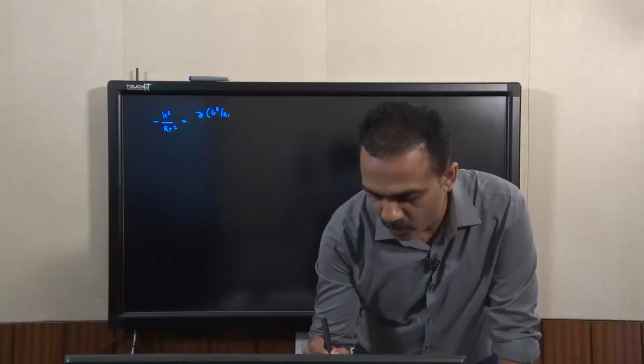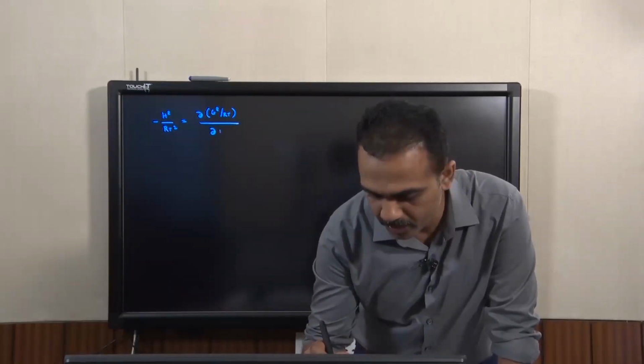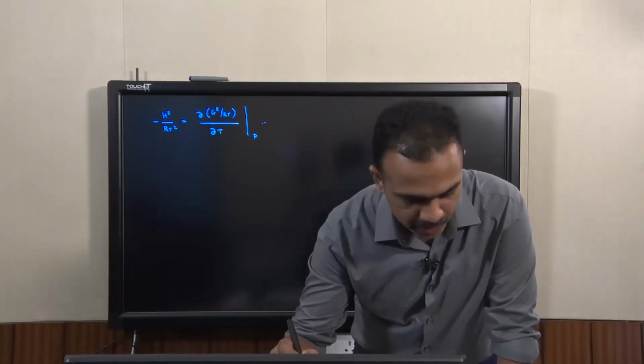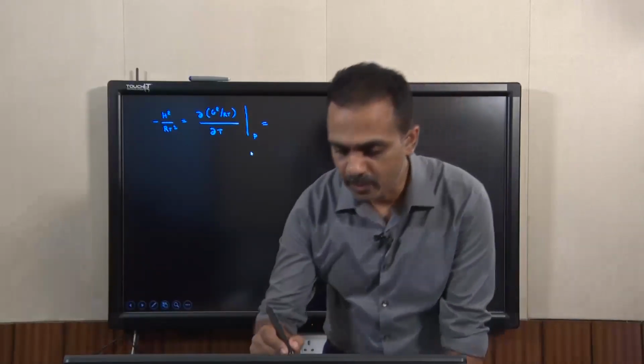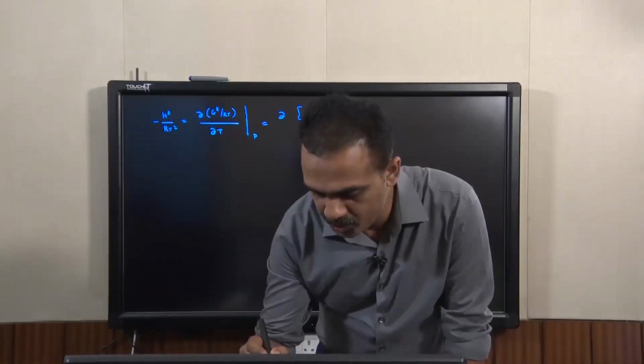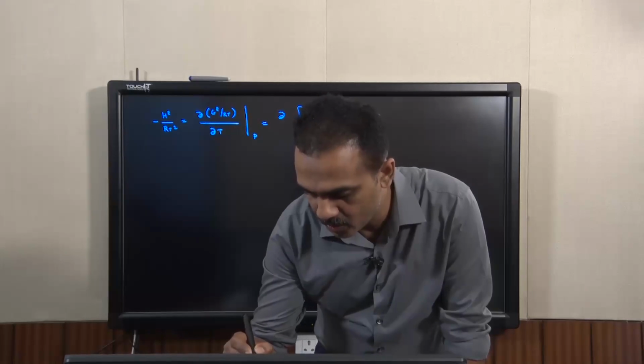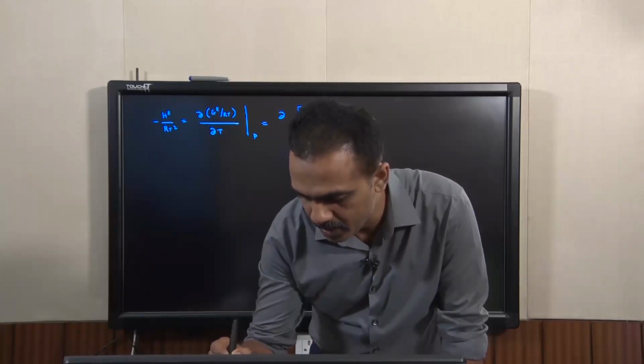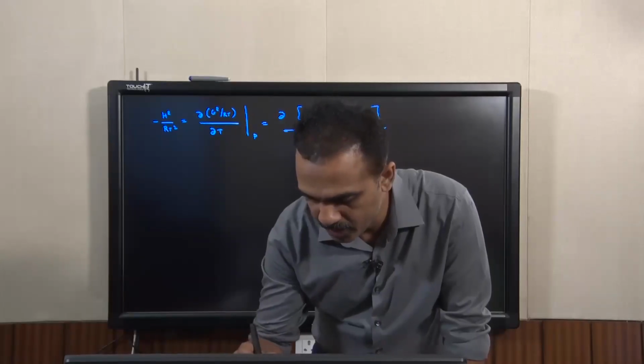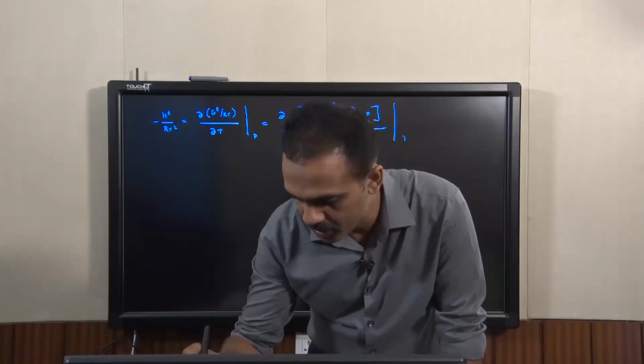So for example, HR by RT square is the derivative of GR by RT with respect to temperature at constant pressure. So it will be the derivative of J plus integral 0 to P (Z minus 1) by P dP with respect to temperature at constant pressure.